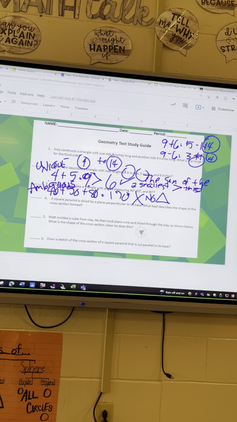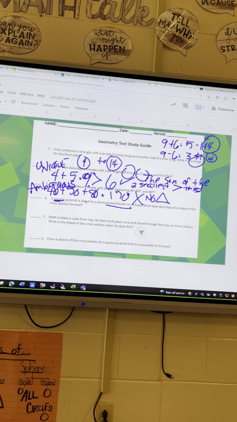A square pyramid is sliced by a plane perpendicular to the base. What best describes the shape of the cross section? All right, so square pyramid, and it's sliced perpendicular.